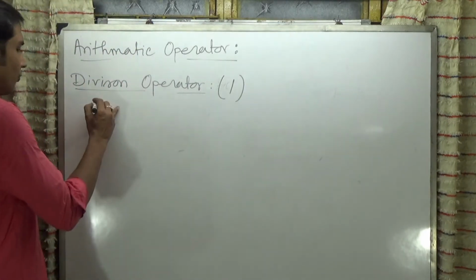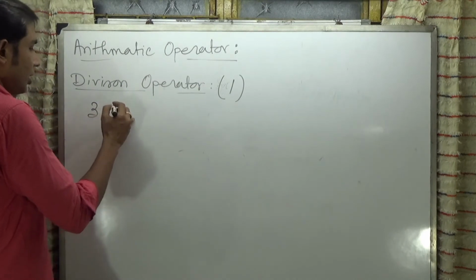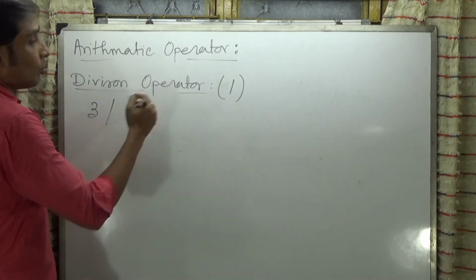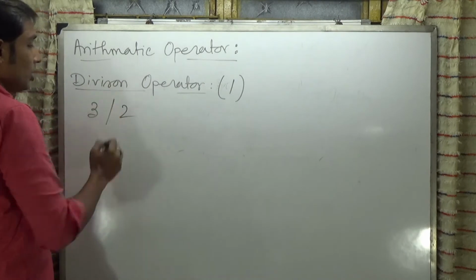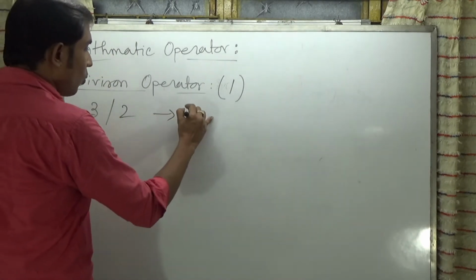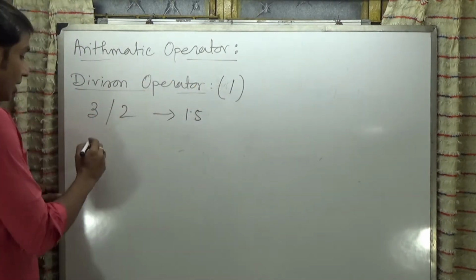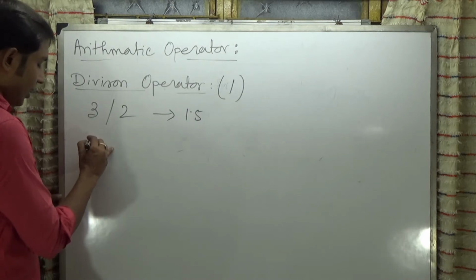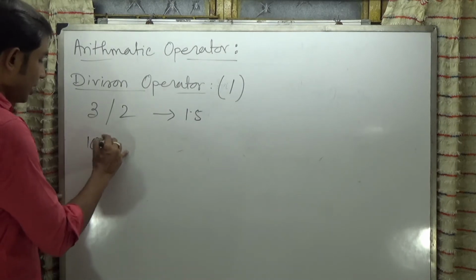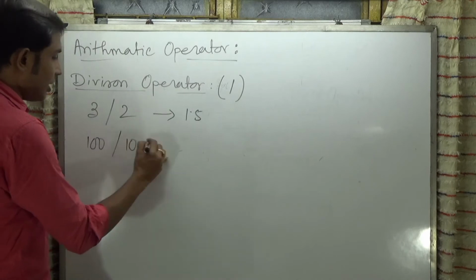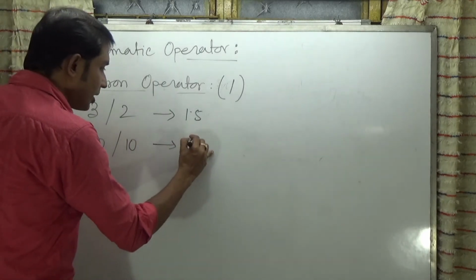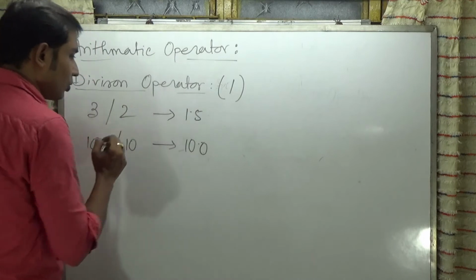Suppose 3 is divided by 2, the result will be 1.5. If 100 is divided by 10, then the value becomes 10.0.